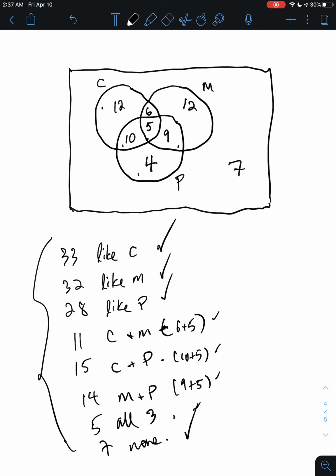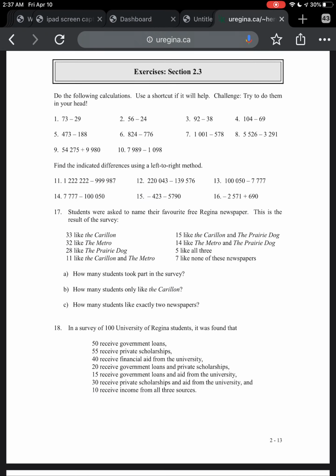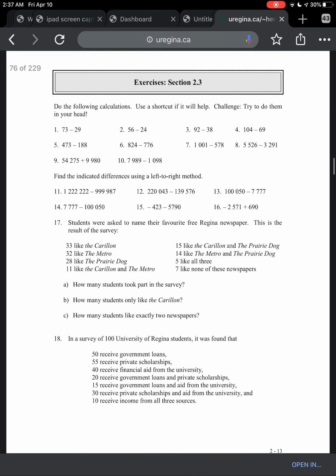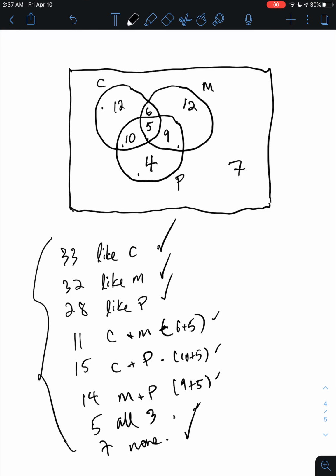And now I can start answering questions about it. So let's take a look. How many students took part in the survey? Well, that would be the sum of all of these numbers. So let me see, there's 7.